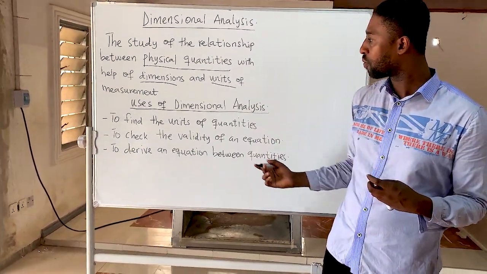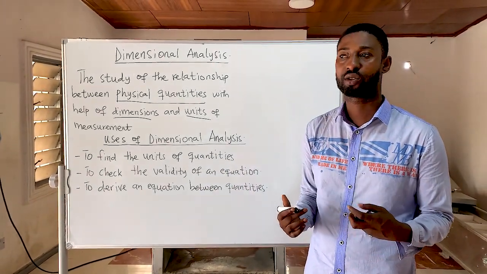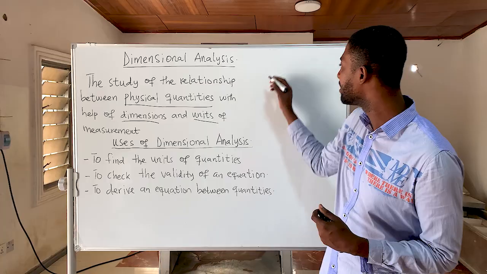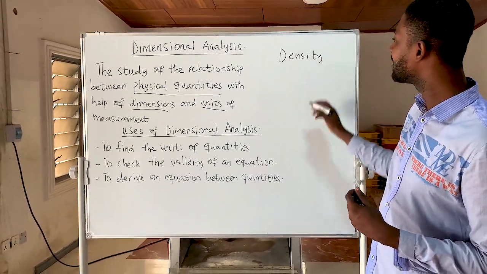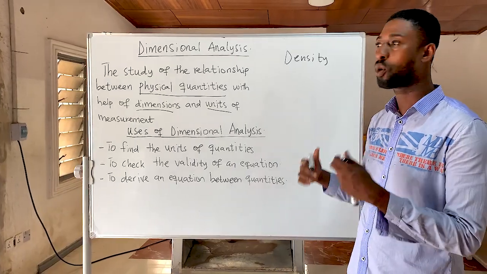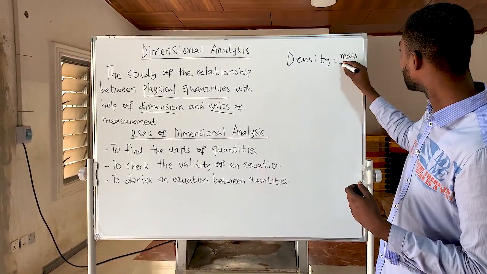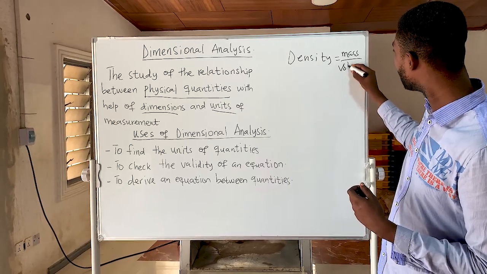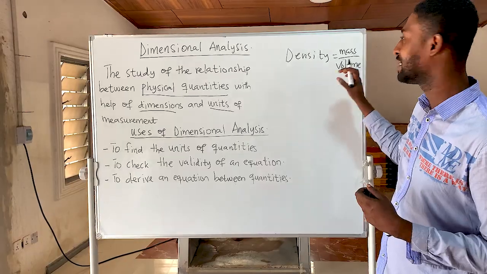And when we talk of units, each quantity is assigned a particular unit. So when we talk of, let's say, density, density is a derived quantity because it's a combination of mass and volume. And remember, volume is also length times length times length.